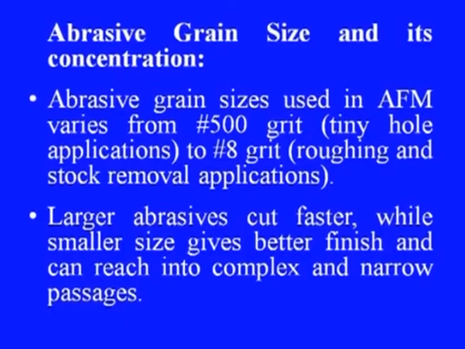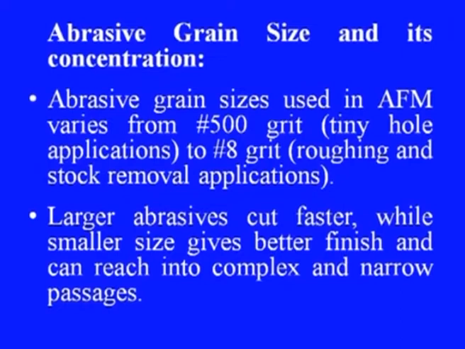Abrasive grain size and its concentration. Abrasive grain sizes used in AFM vary from 500 grit, which represents tiny hole applications, to number 8 grit, which is used for roughing and stock removal applications.